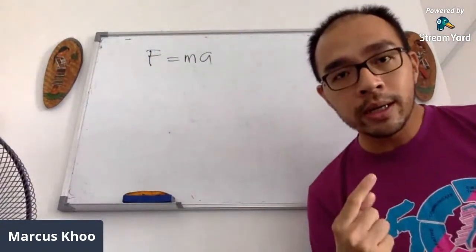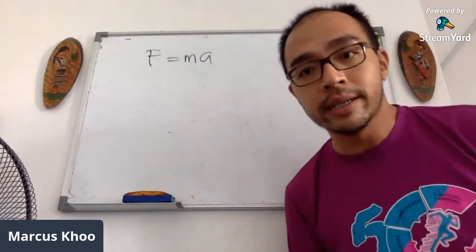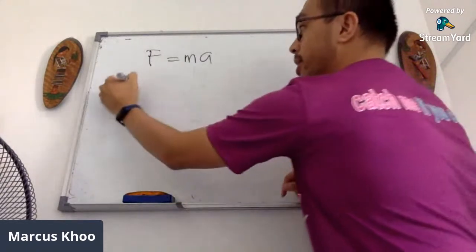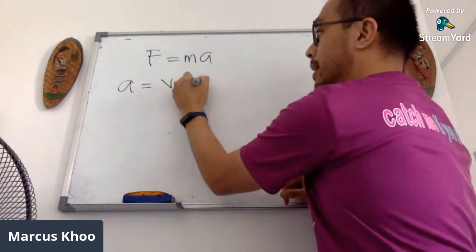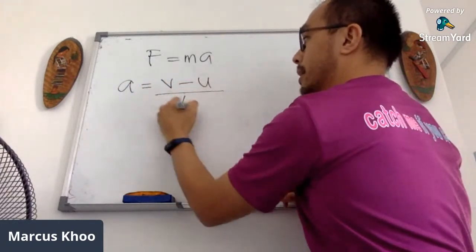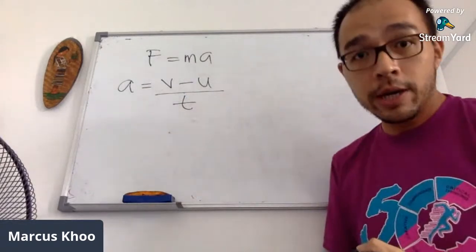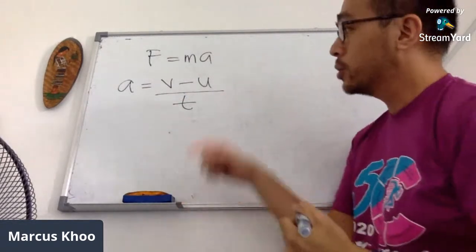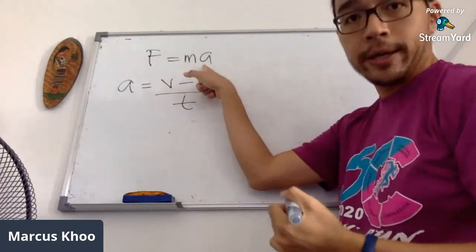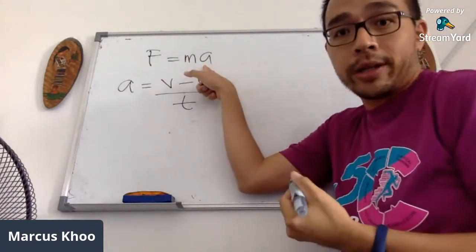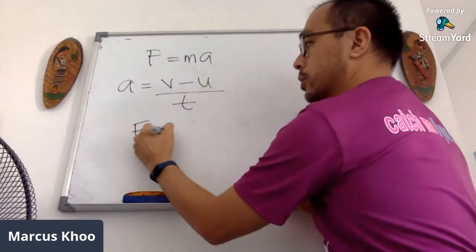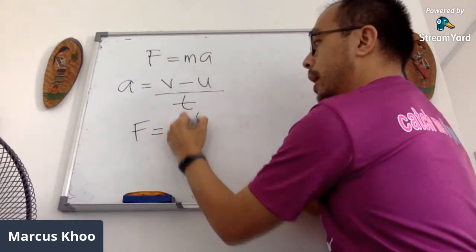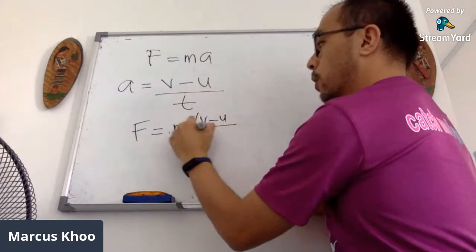Now, when we were doing acceleration before this, we studied that acceleration is actually the final velocity minus the initial velocity over time. So now we substitute the a into here. This derivation is very important. You need to know this. We substitute the a into here, and what we get is F equals m, and then v minus u over t.